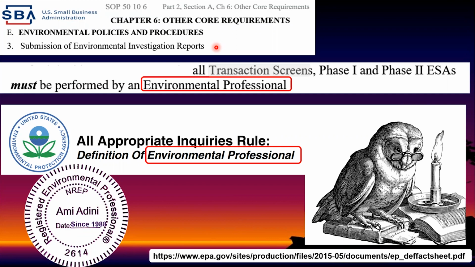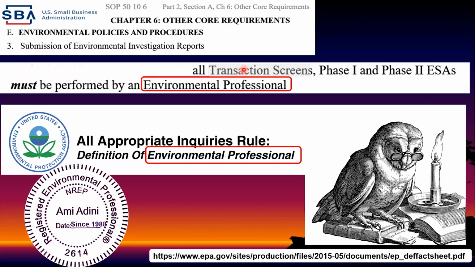SBA says that all these reports, which they call transaction screen, Phase 1 and Phase 2 ESAs, short for environmental site assessments, must, in bold letters, must be performed by an environmental professional.